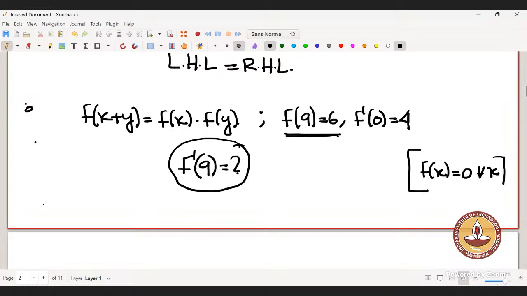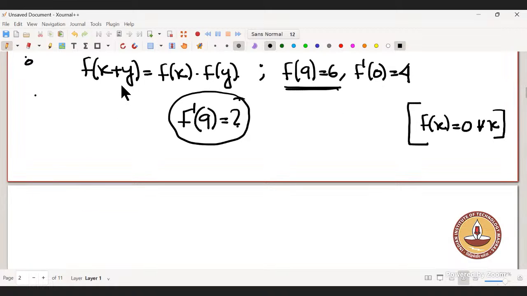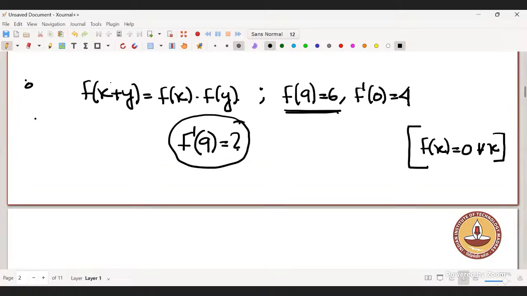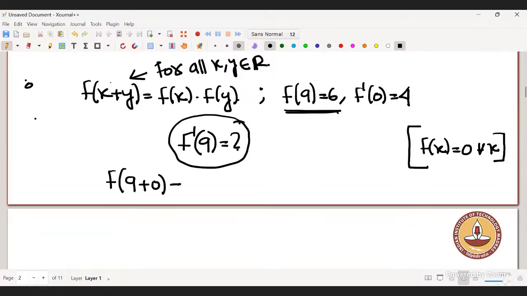Now this condition holds for all x, y in R. So I can write f of 9 plus 0 is f of 9 times f of 0.